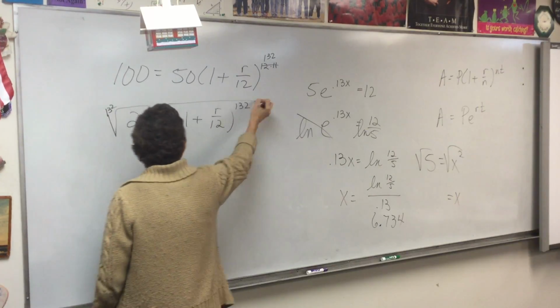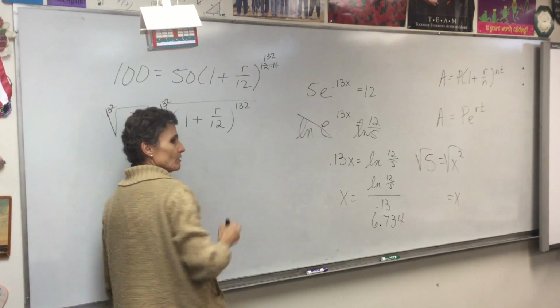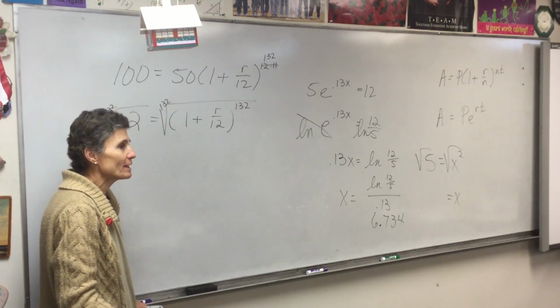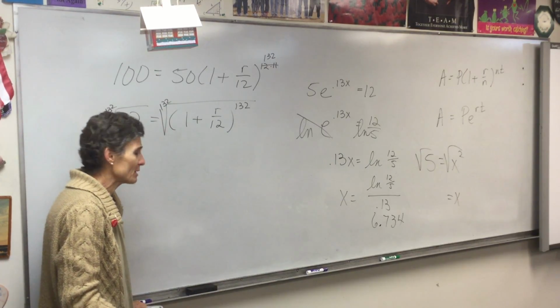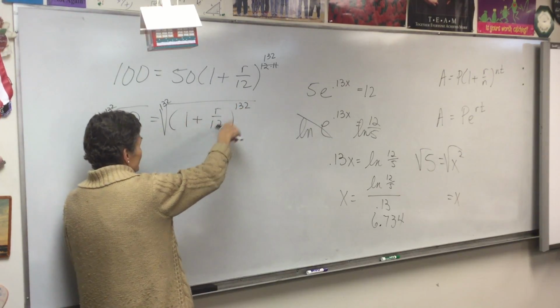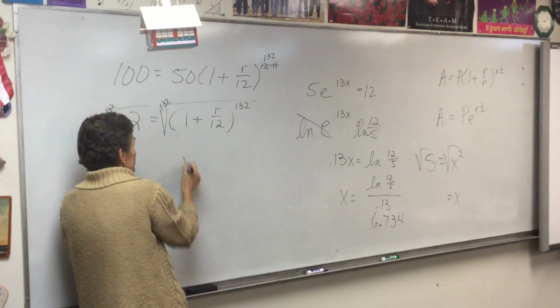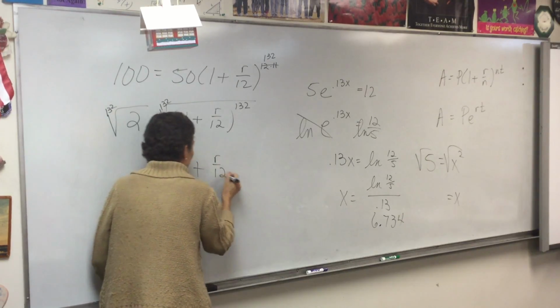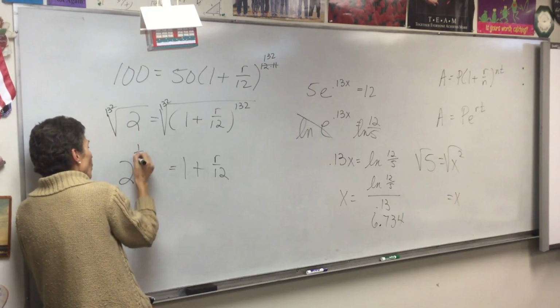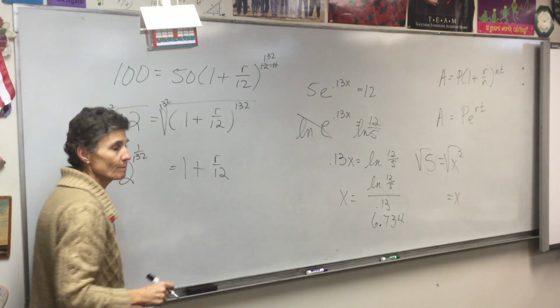I'm going to 132nd root both sides. That is the only way to get rid of this exponent. So 1 plus r over 12 equals 2 to the 1 over 132.